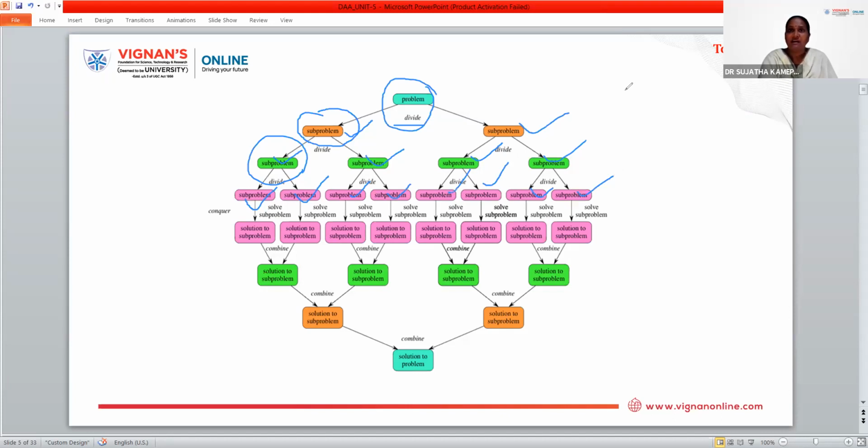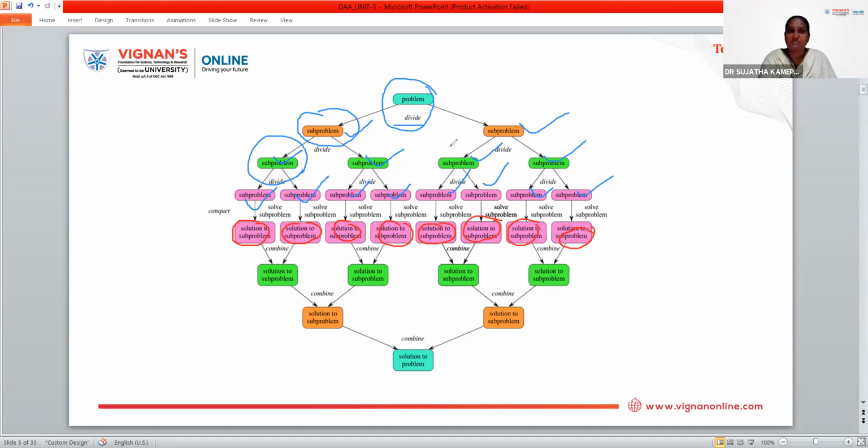Now we are getting the solutions for all the subproblems. Each subproblem is individually solved. So first we have taken a complex problem. That complex problem is divided into subproblems. If the subproblems are small, then we directly solve them.